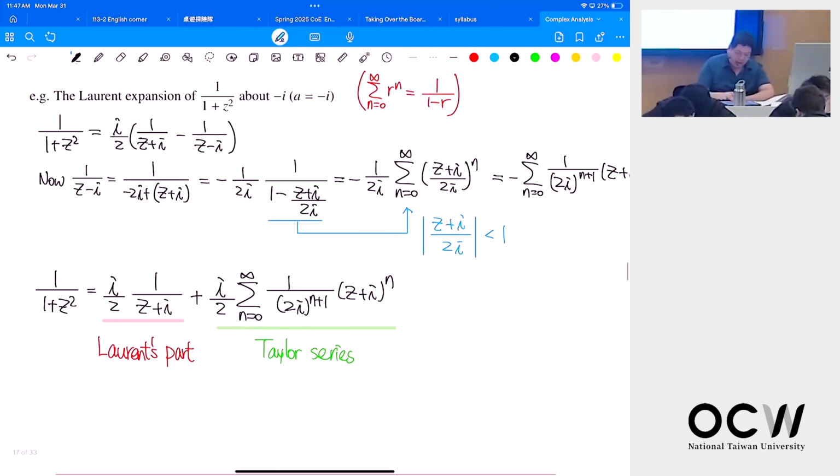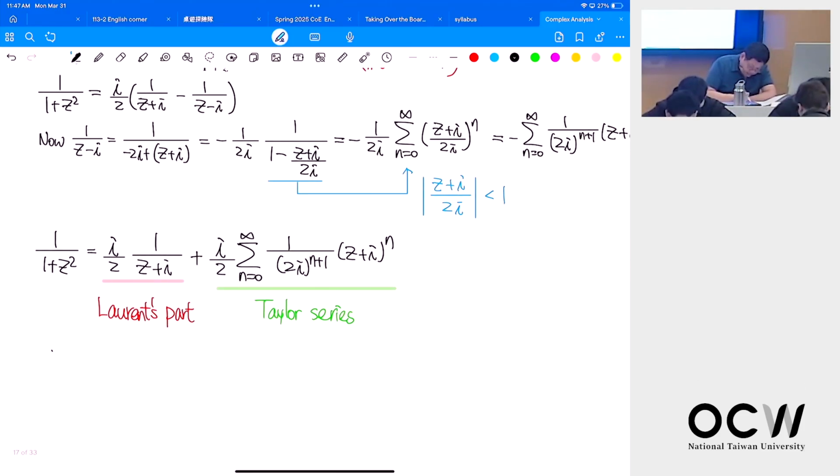And we should know that for 1 over 1 plus z squared, z equals I and minus I are not analytic because they are singular points.